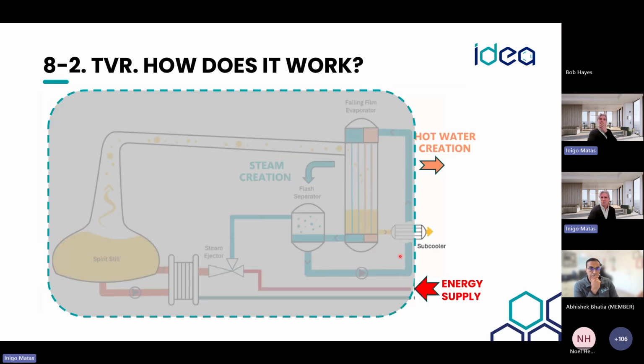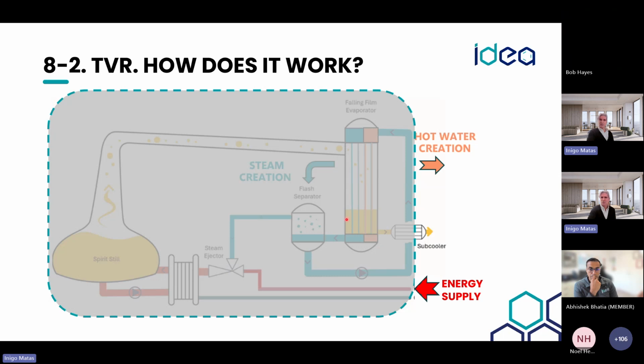Something we need to realize when we are looking at the TVR is that there cannot be accumulation, because we need a continuous supply of steam, which is the energy supply into the system. This will accumulate. So we also need to remove energy. How do we do that? One way, for example, is to create hot water. We are also removing subheat if, for example, the product needs to be subcooled.